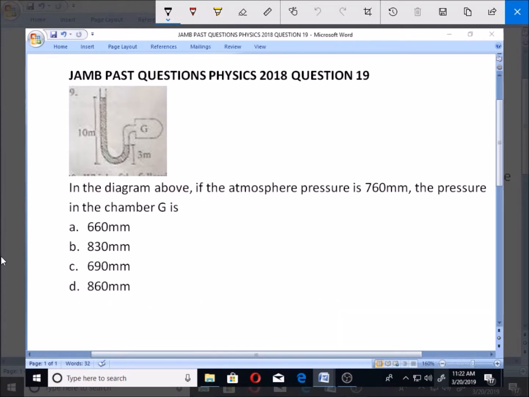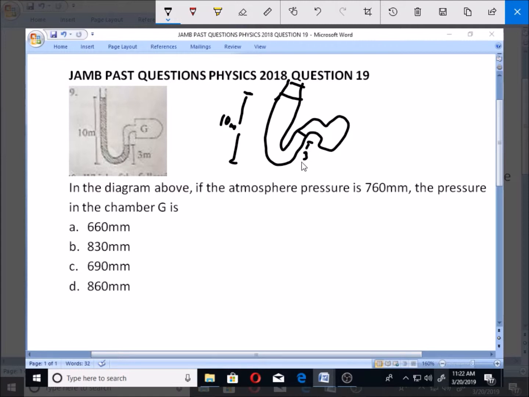There is a general formula that whenever we have a tube of this kind with a chamber, the right way to do our calculation is that the pressure that this distance is making plus this distance will give us the pressure that this other distance is making plus the distance.